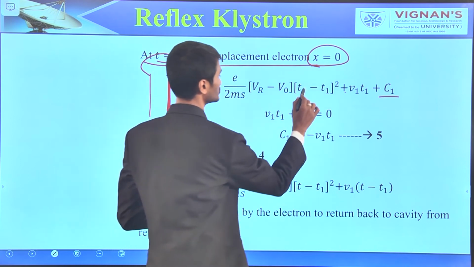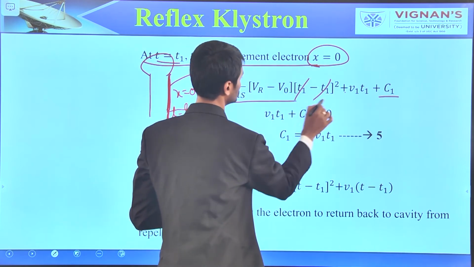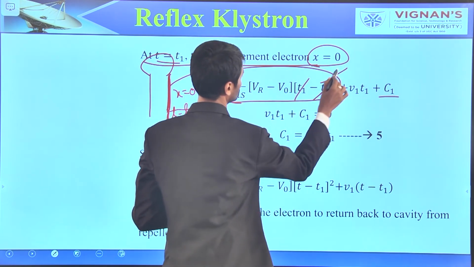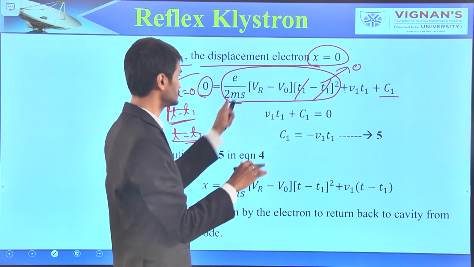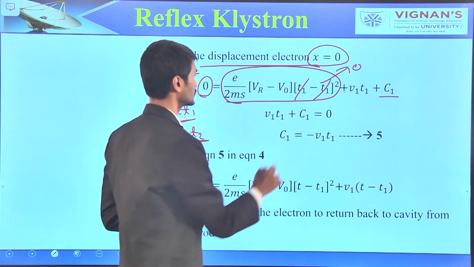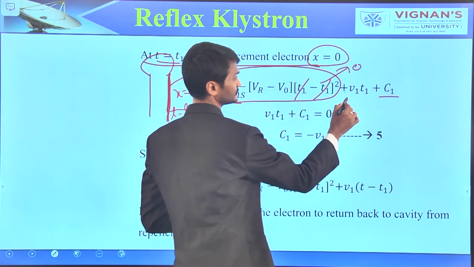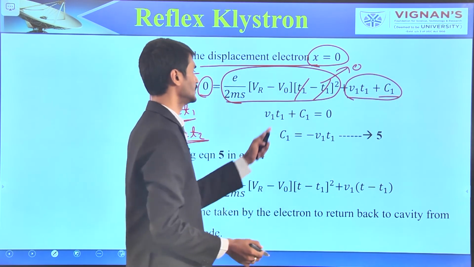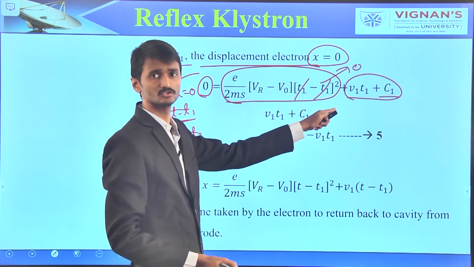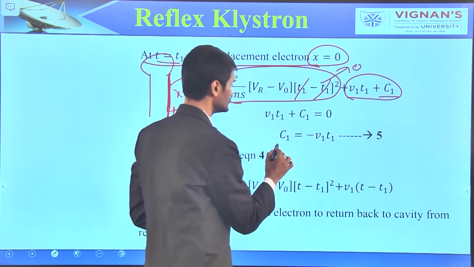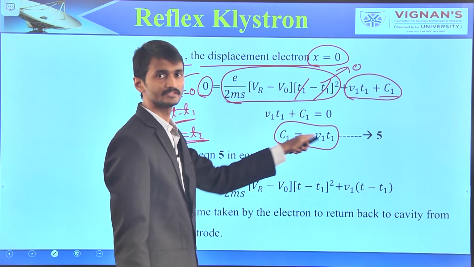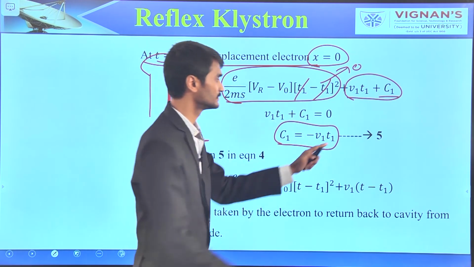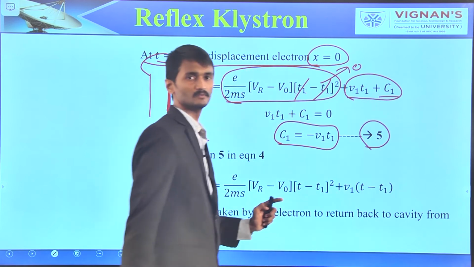Okay, so this gets cancelled, that is, this will be 0 because t1 minus t1 is 0, and 0 into anything is 0. So now we are left with v1 t1 plus C1 equals 0, then C1 equals minus v1 t1, that will be equation 5.